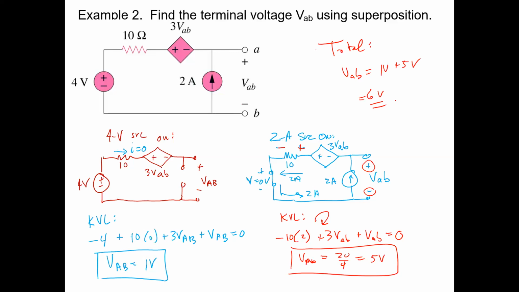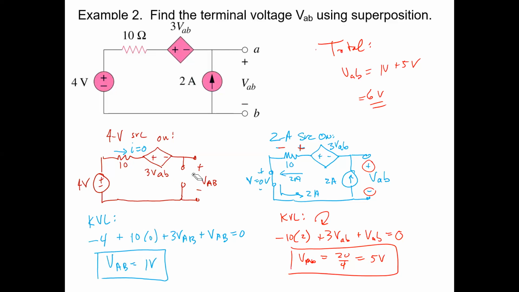Questions? Matthew. So even though in the first one we took out the 2 amp current source, we're still labeling that voltage VAB. Yeah, so the question is, even though we took out the current source in this example, we're still labeling that voltage VAB.